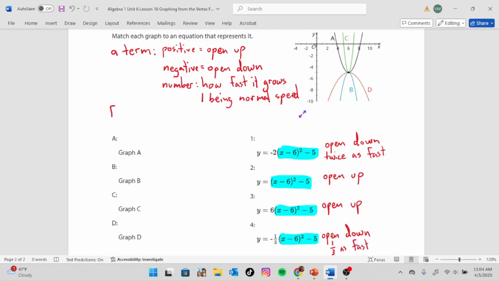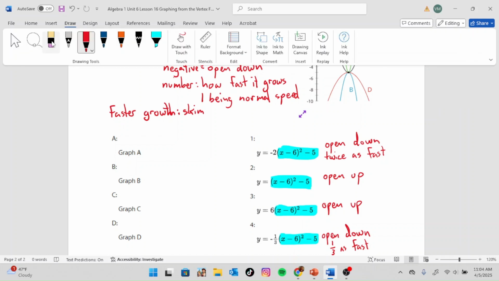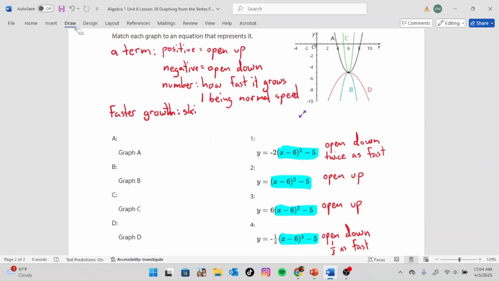All right. Faster growth results in a skinnier parabola. Slower growth results in a wider parabola.